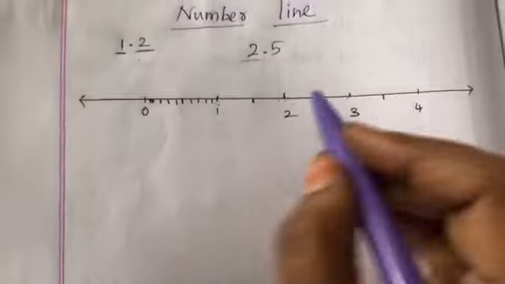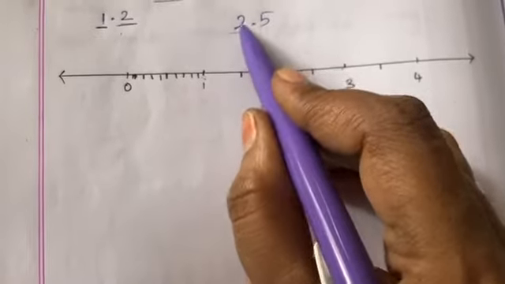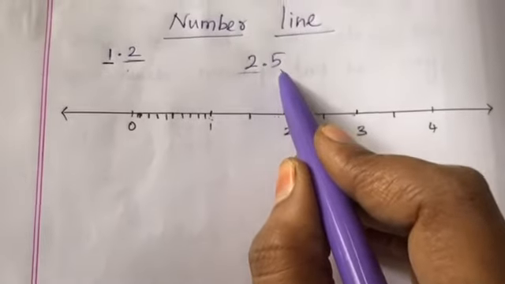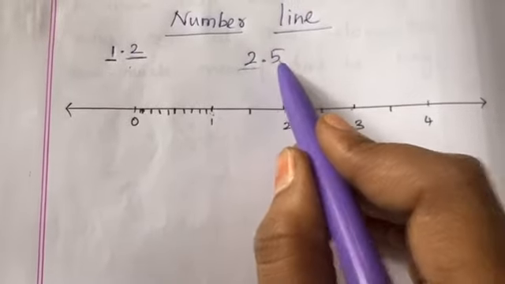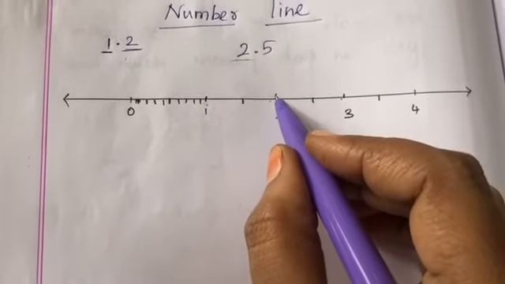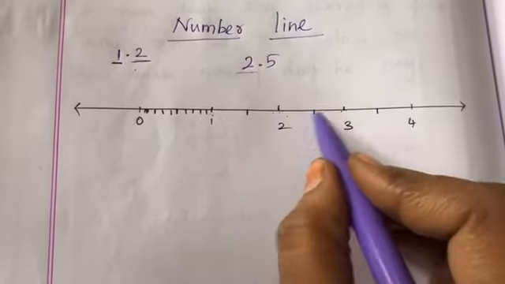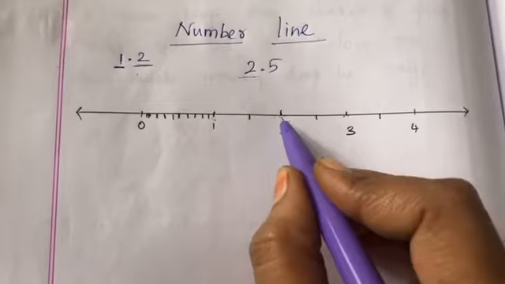After checking the integral part, you have to check the decimal part. Now the decimal part is 5, right? 0.5. So you have to divide the places between 2 and 3.